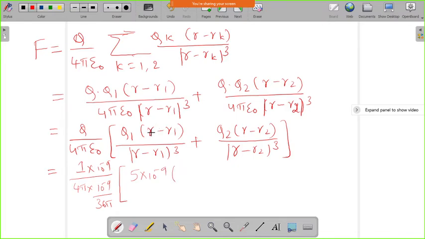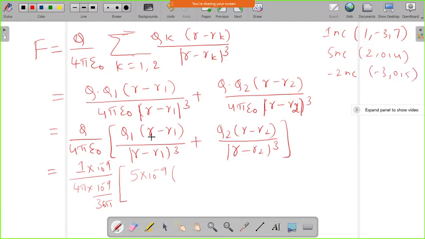So r is the location of 1 nanocoulomb, that is (1, minus 3, 7), and 5 nanocoulomb is located at (2, 0, 4). Okay, and minus 2 nanocoulomb is located at (minus 3, 0, 5).